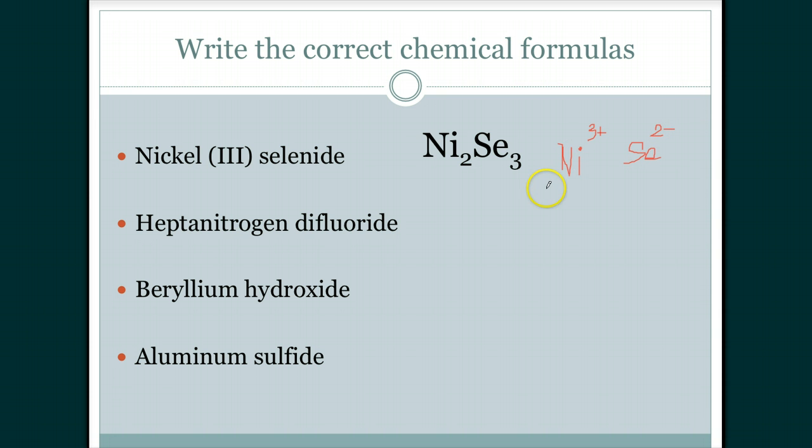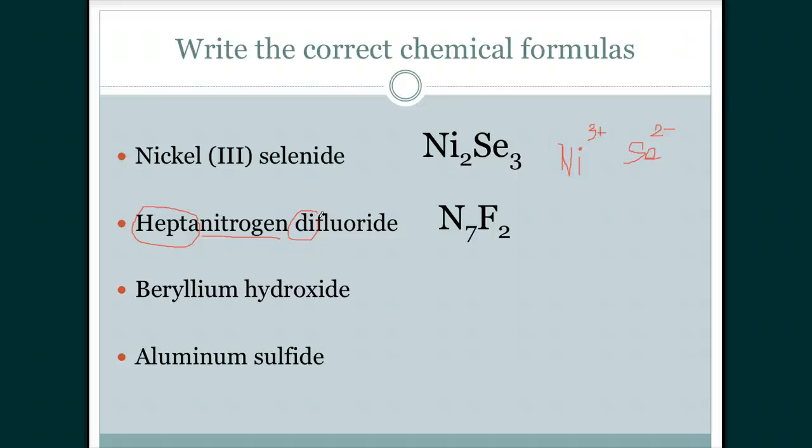They balance each other out, and we end up with the formula for nickel(III) selenide. Now, heptanitrogen difluoride. So we have hepta, and then nitrogen, and instead of fluorine, we have fluoride. Hepta stands for 7, and then we have nitrogen and fluoride.